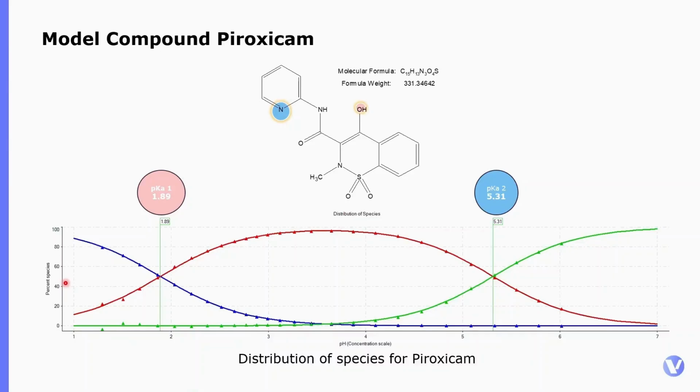Between roughly 1.9 and 5.3, the molecule is mainly in its neutral form. And once the pH rises above 5.5, the deprotonated species become the most abundant species. What's important here is that each of these species has a different solubility. That's why we perform additional experiment measurement across a range of pH values to capture this behavior more accurately.